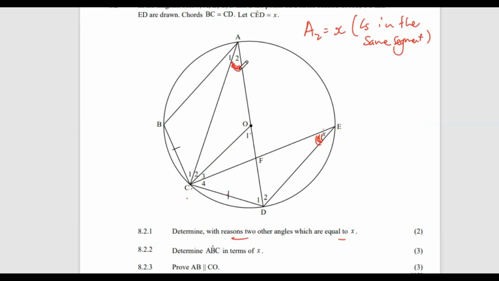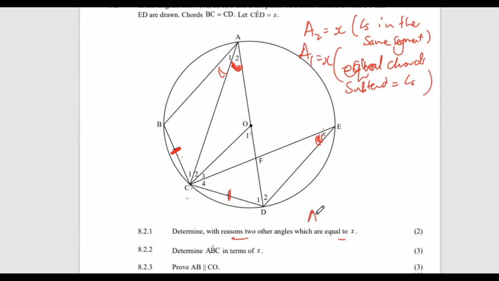But this A2 must be equal to some other angle because this side is equal to this side. So the angles that are also created by this side will be the same, which means A1 is also going to be equal to X. What is the reason? Equal chords subtend equal angles. So A2 and A1, and those are the reasons.